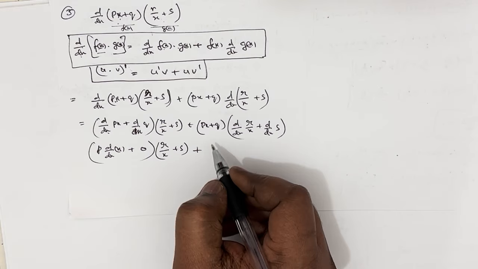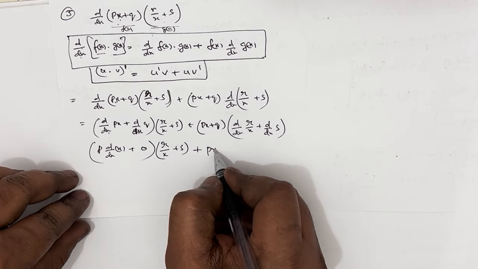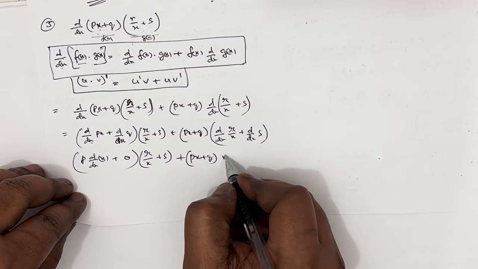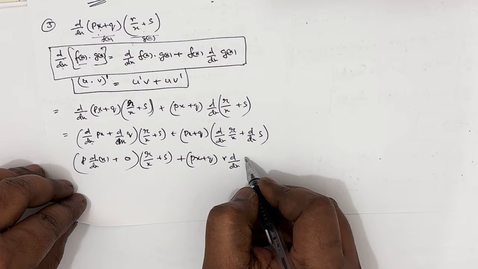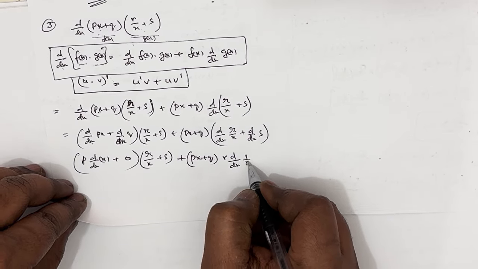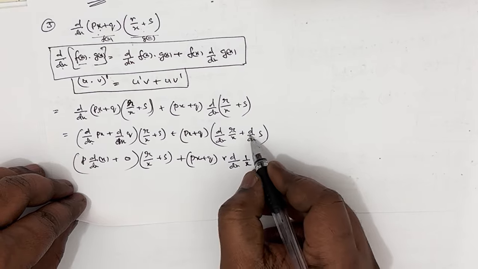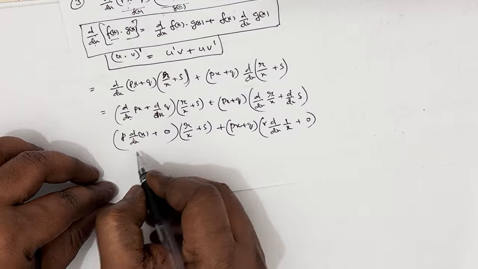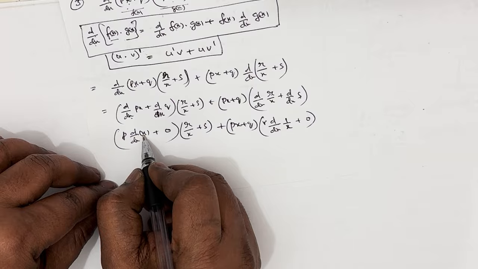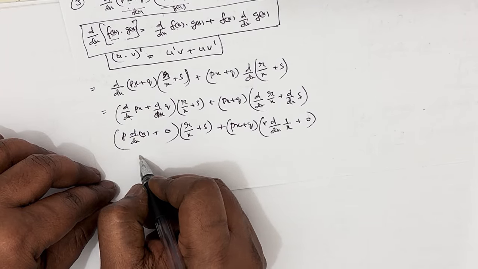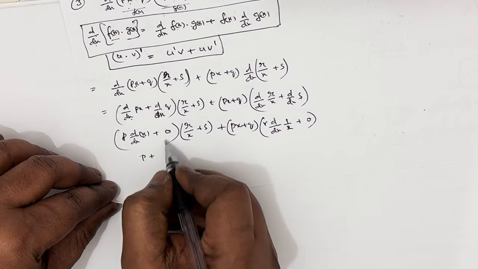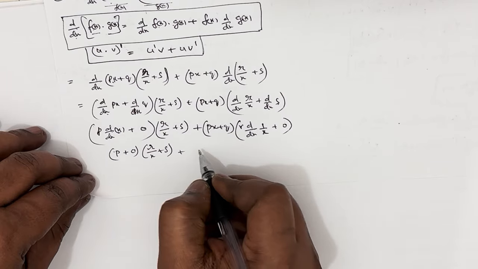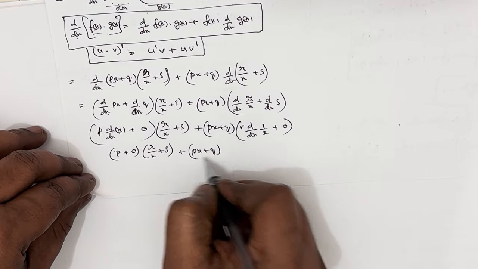Plus px plus q. Now r is a constant, r can be brought out, so r d by dx of 1 upon x, plus s is a constant, so its derivative is 0. The derivative of x is 1, so this becomes 1 into p plus 0, times r by x plus s, plus px plus q.